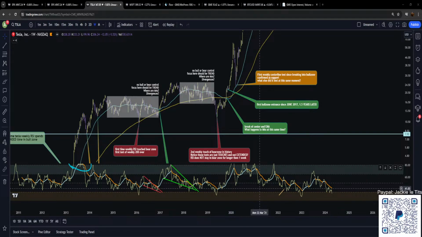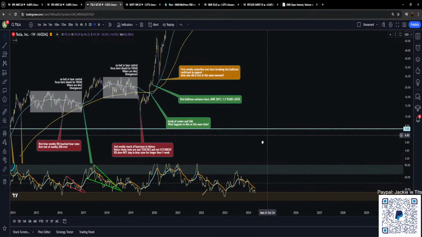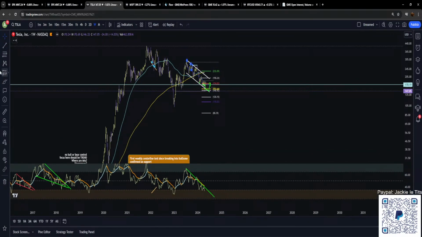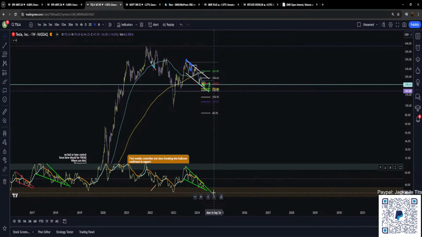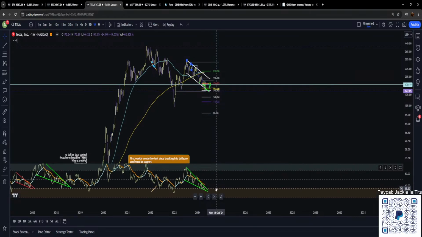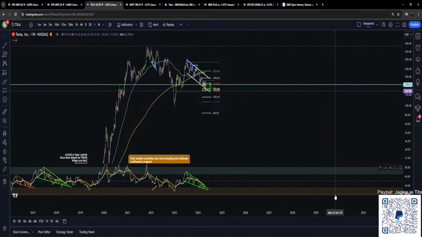And so when you see something like this happening on Tesla, you cannot deny it. Bulls have control of price right now.